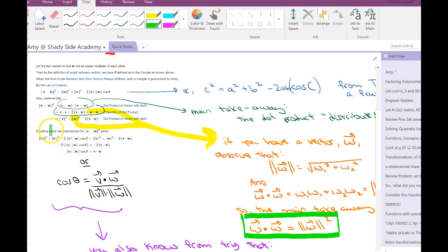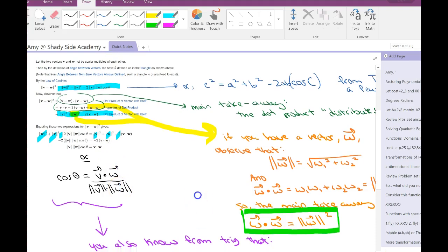And then it says equating these two expressions gives, and the two expressions are this one, which is v minus w squared, and this one, which is also v minus w squared. And look what happens. When you say they are equal, which they are, beautiful things happen. Cancel, cancel, cancel, cancel. 2's divide out, and what you get is right here.